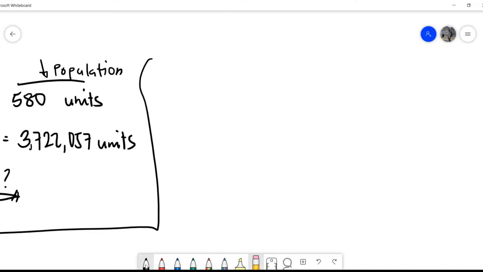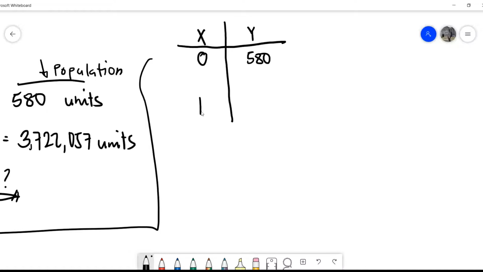First, we need to make a table to separate our data. So let's say our time is X and population is Y. We are given a particular set of data that at time 0, we have 580, and at time 104, we have around 3,722,57 units of population.